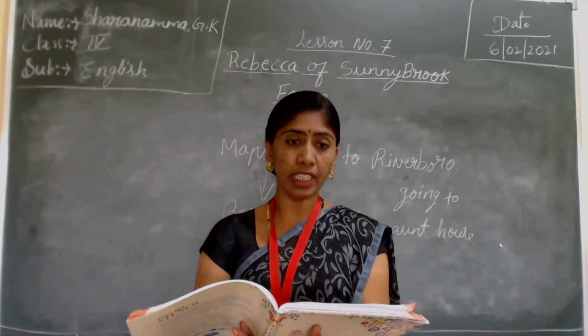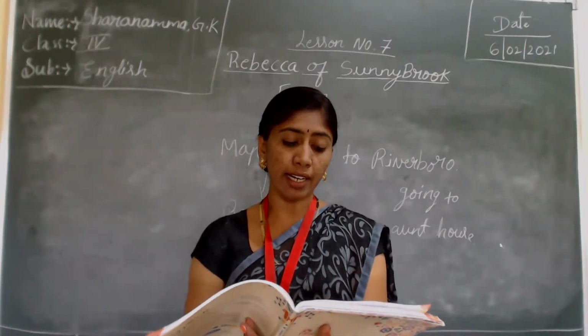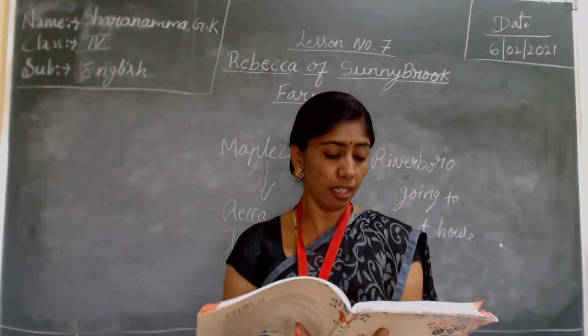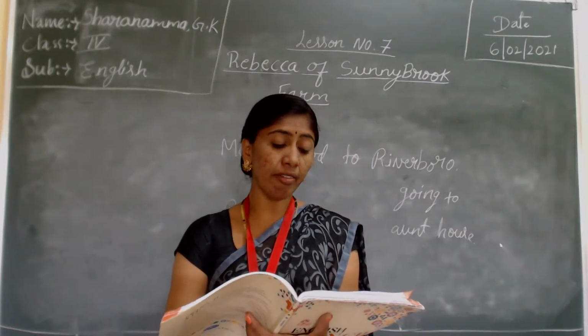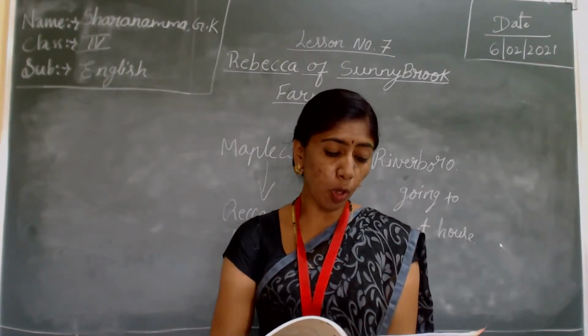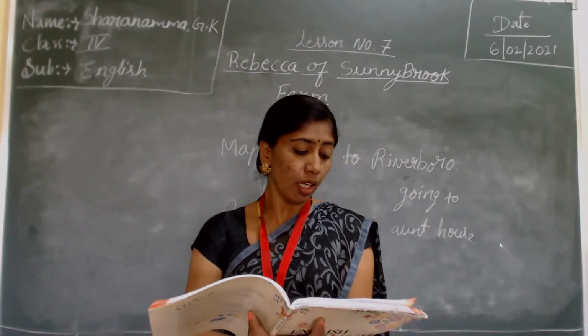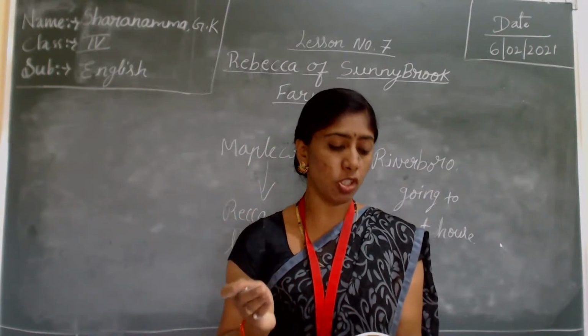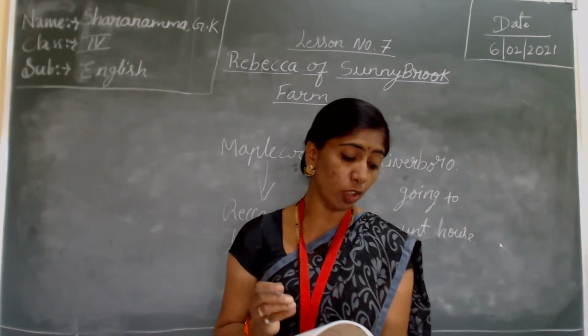Rebecca sat down carefully, smoothing her dress under her, pushed back her hat, pulled up her drab white cotton gloves, and spoke delightedly. Now she is sitting very neatly next to Mr. Cobb, wearing white cotton gloves.